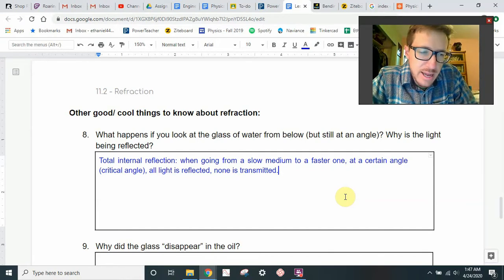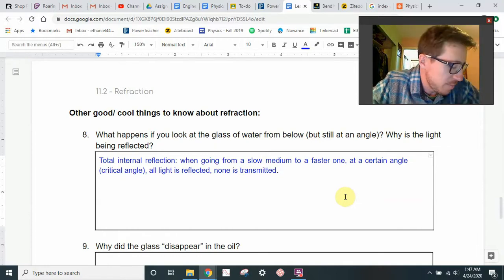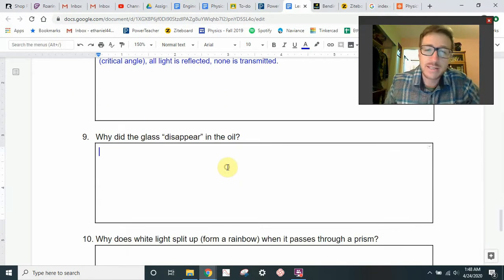So if you were to take a bubble of water and put it underwater, it'd be the same kind of thing. It's really kind of an interesting thing. So why does the glass disappear in the oil?